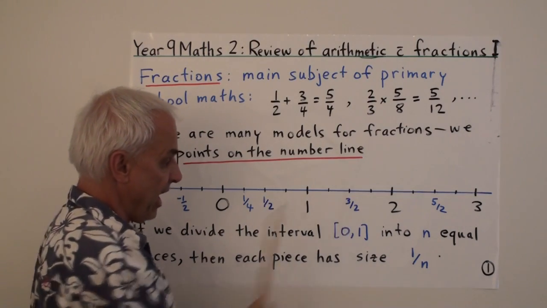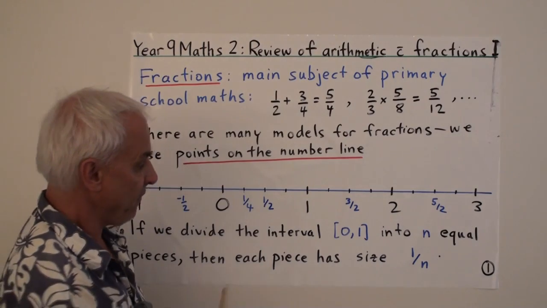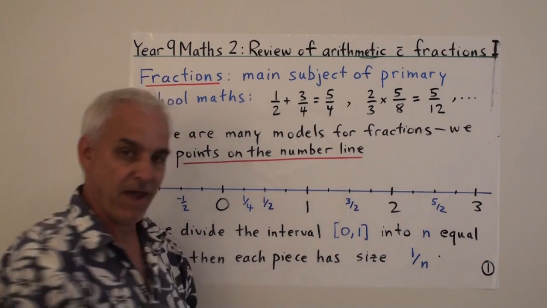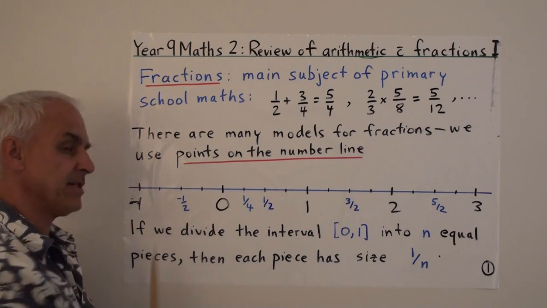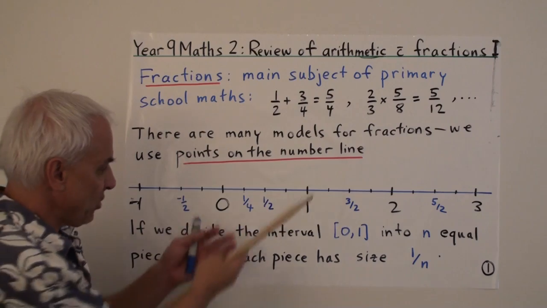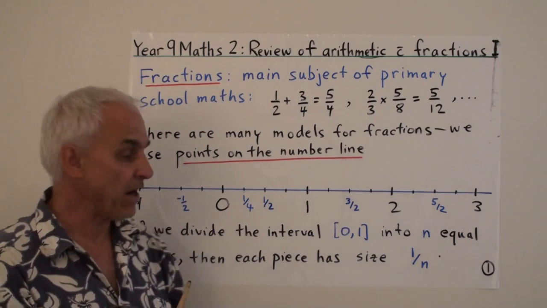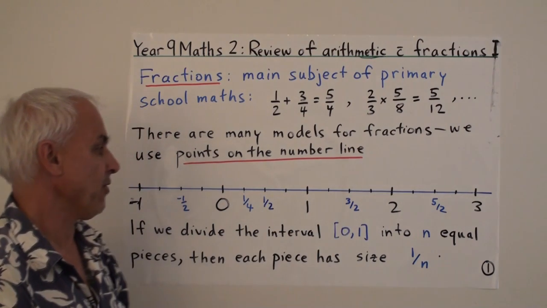So this is 3/2. If we take another 2, making 5 of them, 1, 2, 3, 4, 5, then we would get 5/2. If we went in the negative direction, we would get -1/2. This is the way we can scale. Once we have one of these unit fractions, we can take multiples of it to create other ones.